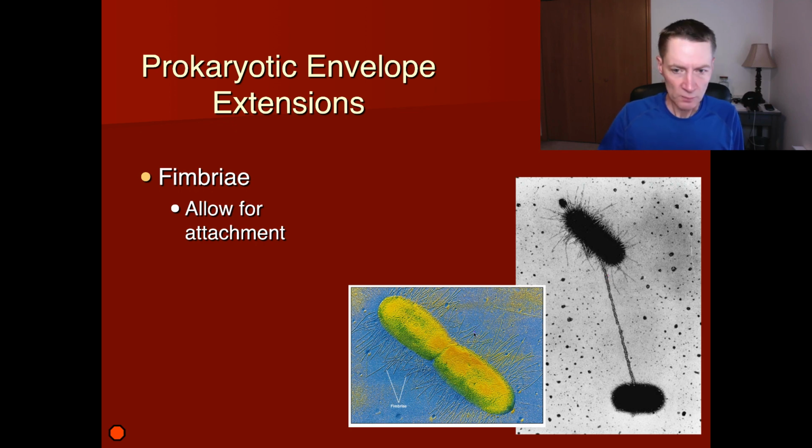Here we can see, I'll just use purple here to indicate, all of these long extensions are fimbriae coming off of these particular cells. Now these are two cells. If I asked you what the shape was, what would you say? Hopefully bacillus.